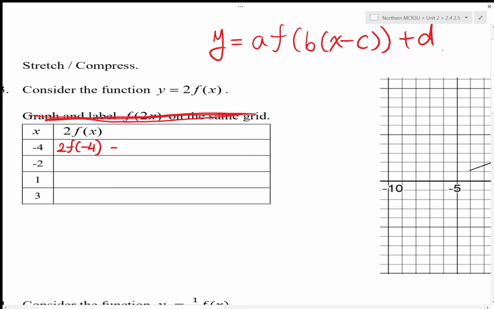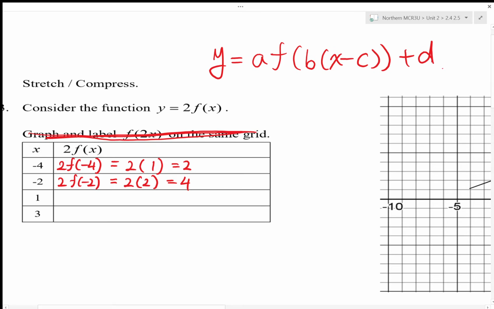Remember, f(negative 4) was 1, so it'll be just 2. Same thing for f(negative 2): f(negative 2) was 2, so it'll be 2 times 2, and that would be 4. Again, we're basing this on our original graph.